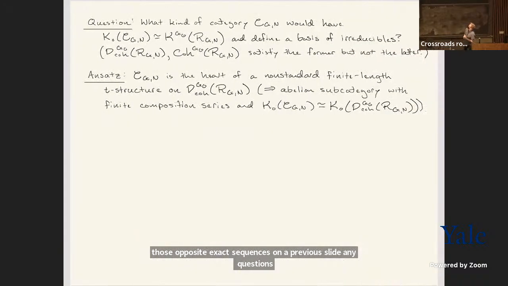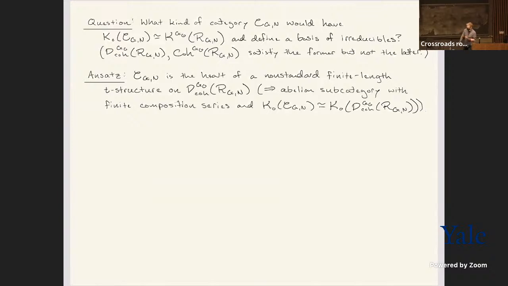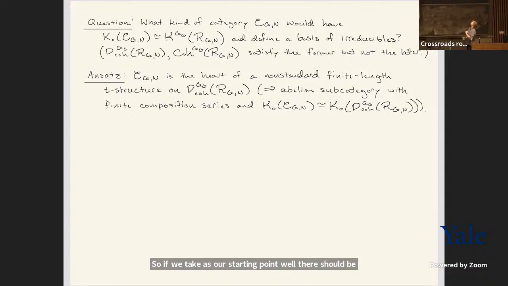All right, so to return to our framing in terms of this physics motivation. If we take as our starting point that there should be some category, let's call it CGN, with the property that it has a bunch of irreducible objects. The Grothendieck ring of this category should be the Coulomb branch algebra.